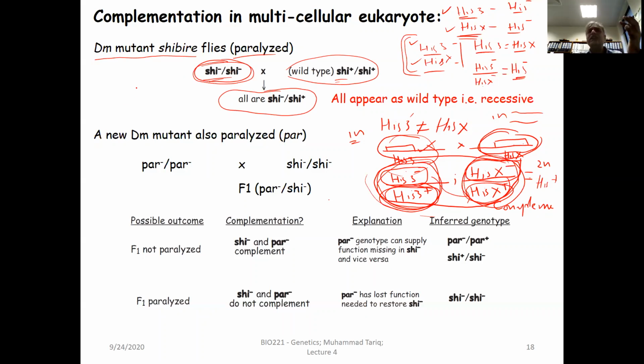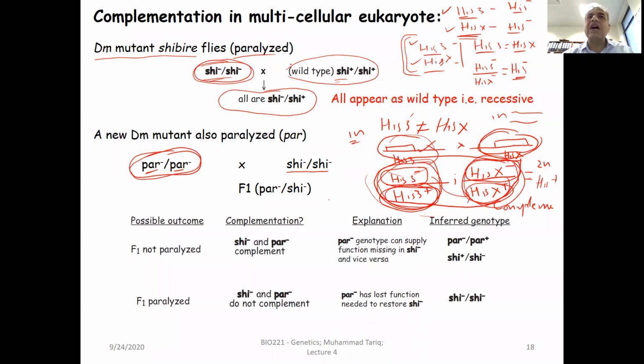In the same screen, they found, let's say, 10 different wing-defective or paralyzed flies. Another independent mutant, paralyzed minus minus, they crossed with wild type to see whether paralyzed is also recessive.